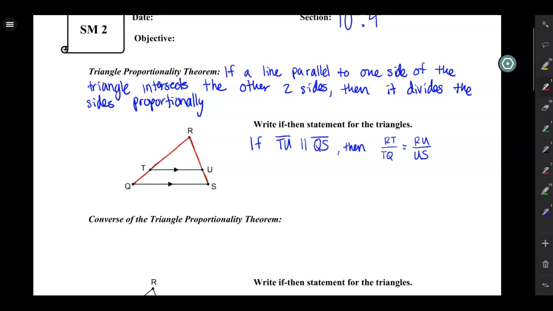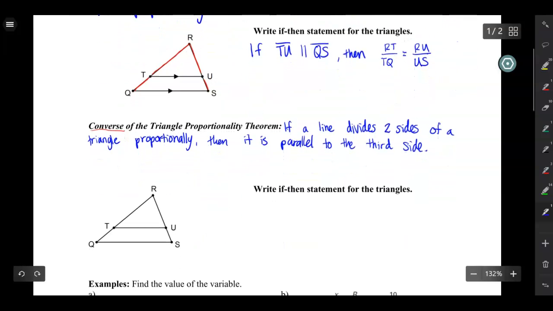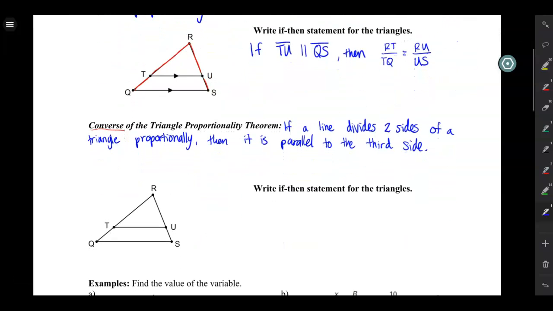The next thing we're going to talk about is the converse of the triangle proportionality theorem. A converse of a theorem is basically just the opposite. So I'm going to hit pause, fill this in, and then we will talk about what it is. All right, if a line divides two sides of a triangle proportionally, then it is parallel to the third side. Let's write an if-then statement in symbols for this theorem.